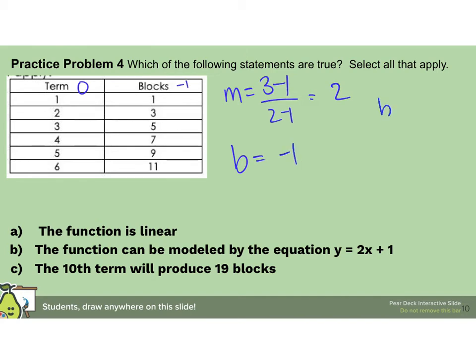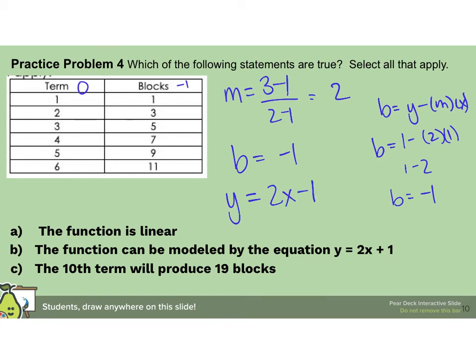If you didn't follow that, b equals 1 minus 2 times 1. 1 minus 2 is -1. All right, so the equation of this line is y equals 2x minus 1. The function is linear. Yes, the function is linear because the slopes are all the same.